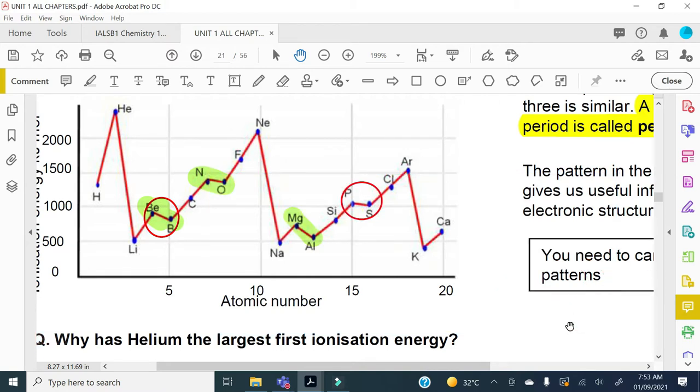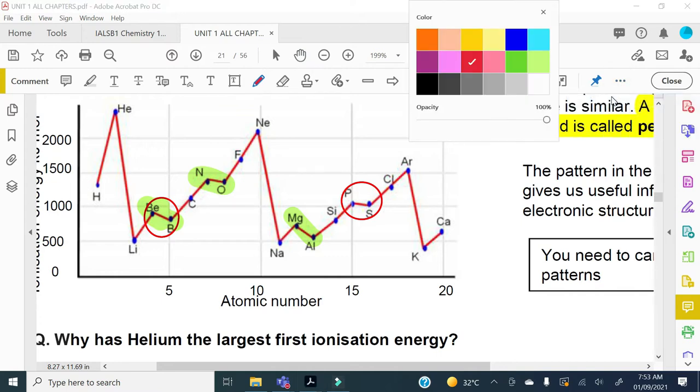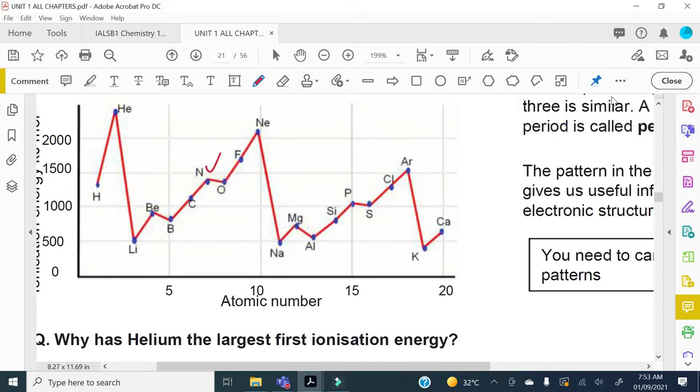Okay. Now, I have 2 points with me now. And those 2 points are this area and this area. Right? So, this is the most important point. Between these two, there's a drop and there's a drop. Now, this first drop, just focus on the configuration, and I'm going to talk from the configuration.